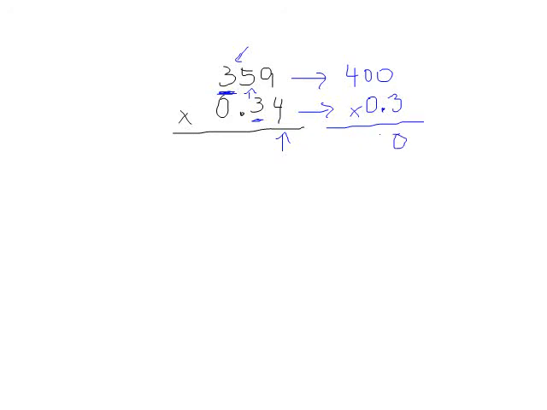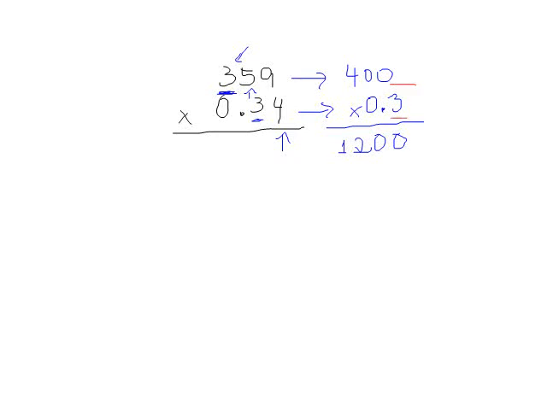We can do this very quickly. 3 times 0 is 0. 3 times 0 is 0. 3 times 4 is 12. Let's go ahead and write the 12 over here. Now we need to decide how many places are there after the decimal points. There aren't any over here.